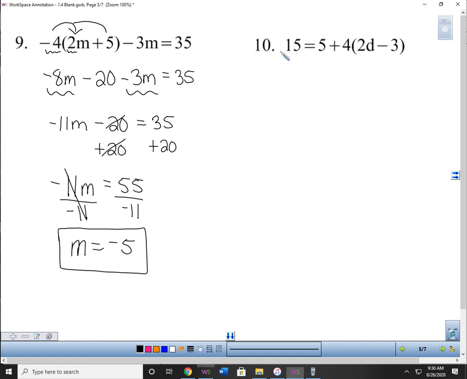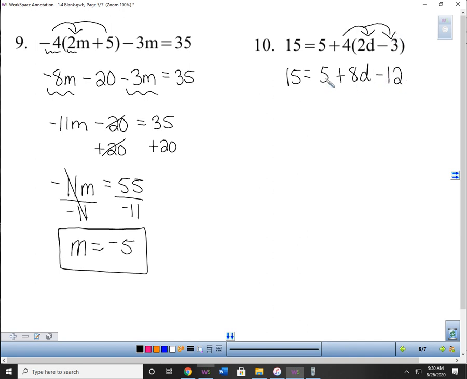All right, so I look over here, I see that I have parentheses, so before I can move anything, I need to go ahead and distribute. So I'm going to keep the 15, and I'm going to keep the 5. I'm going to take this +4 times 2d, and that gives me +8d. And then 4 times -3 gives me -12.